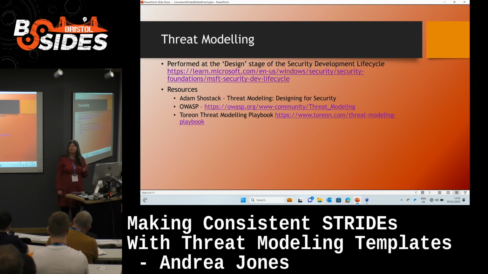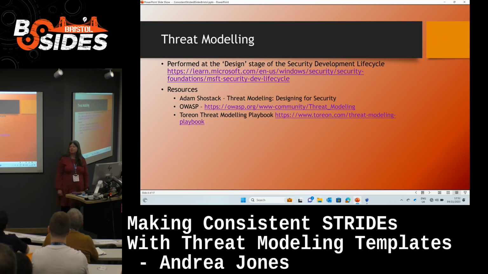The security development lifecycle is something Microsoft have developed, but there's also a design stage in the systems development lifecycle as well. So you start off with your requirements and specification, and then you go through to your design and so on. And obviously if you get to production and you then find out about all these problems, that's where the expense comes in.